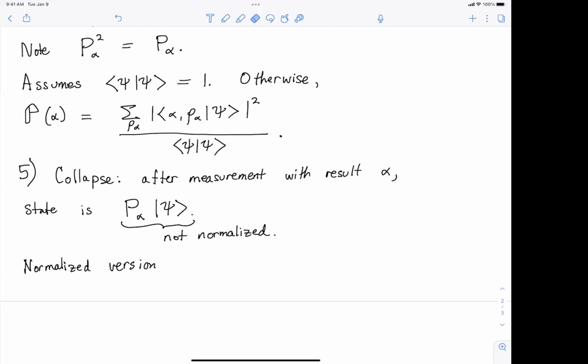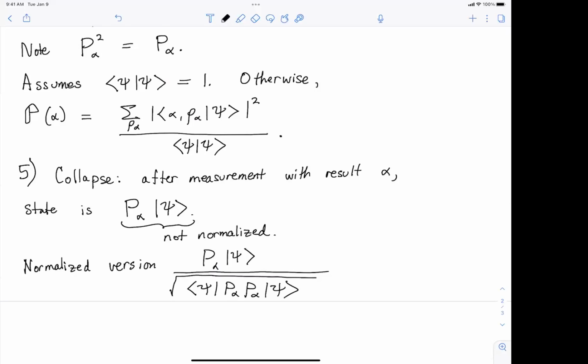Okay, and so the normalized version is I just take that same state and I'm going to divide by a number. And the number we're going to divide by is the norm of P alpha psi. So I write here the square root of <psi|P_alpha|psi>.